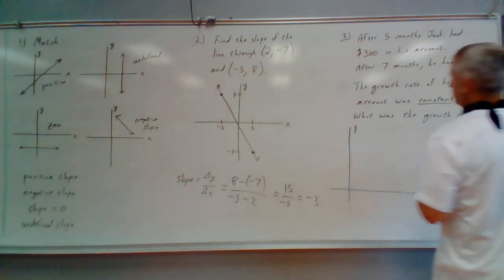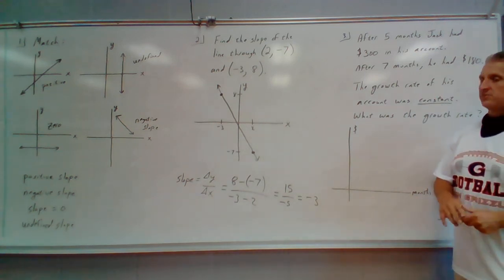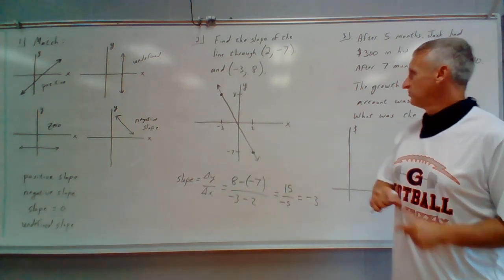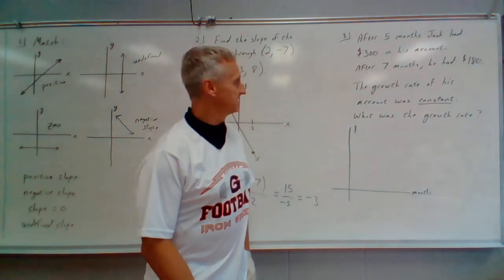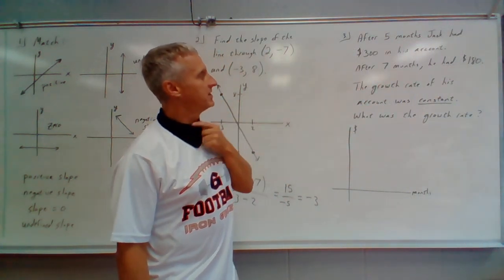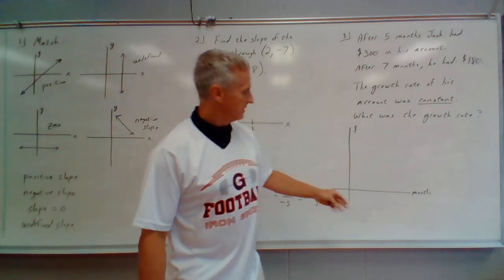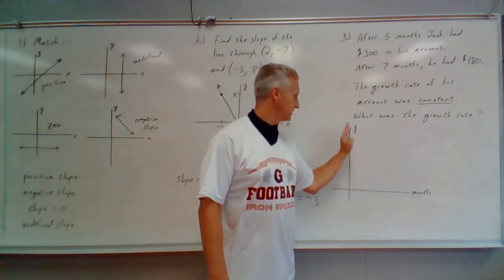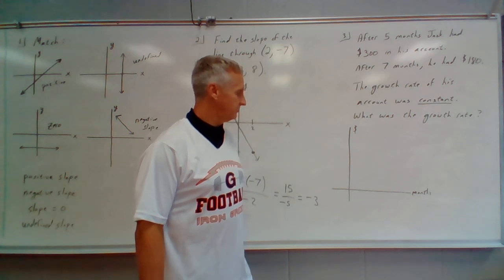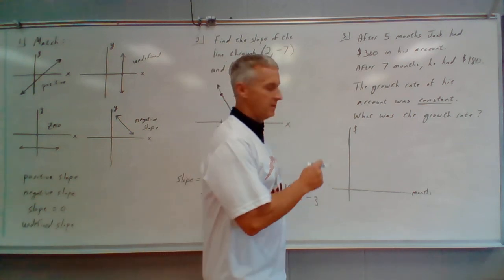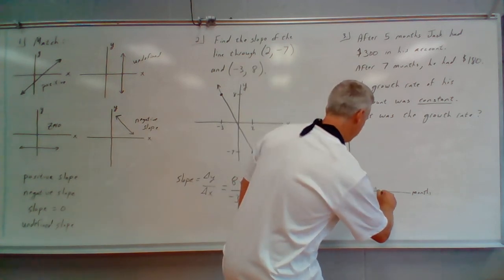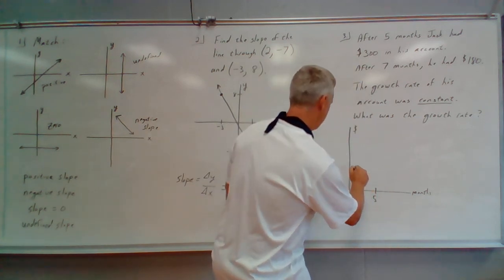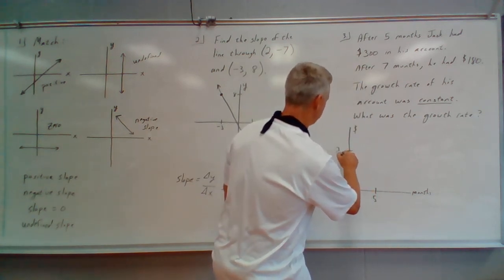All right, here we got a word problem. Always make sure you keep units in your word problems. So after 5 months, Jack had $300 in the bank account. After 7 months, he had $180. So we're going to put the months on the horizontal axis, the dollars on the vertical axis. All right, so let's graph that. So after 5 months, he had $300.